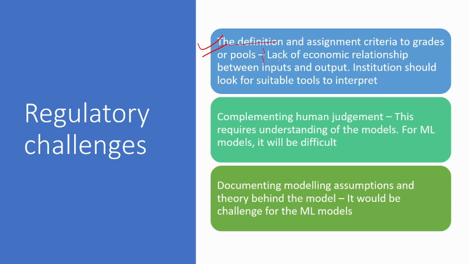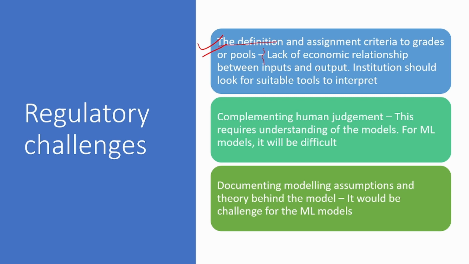Okay, so it's nothing but the lack of economic relationship between inputs and output, which is an important thing in IRB model development. You should be able to assess the economic relationship between a given risk driver and your output. For example, in PD model development, the output is your rating, the credit rating. So that should be properly assessed, and for machine learning models that may be an issue.